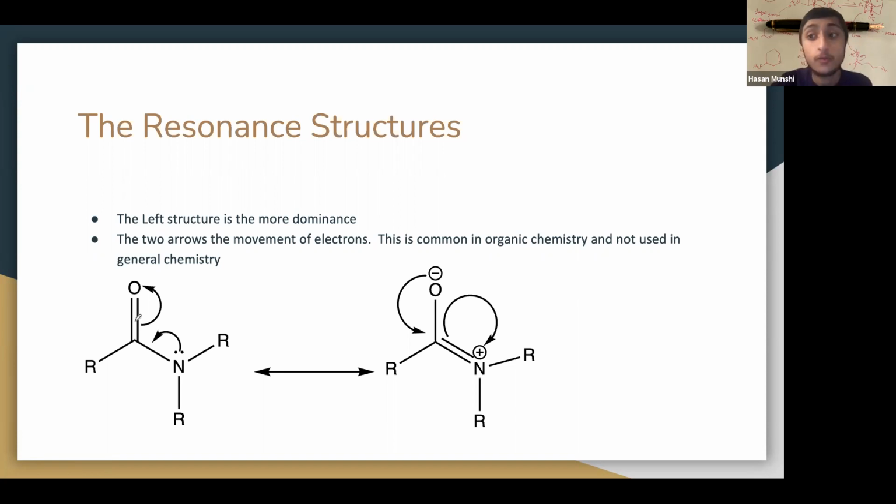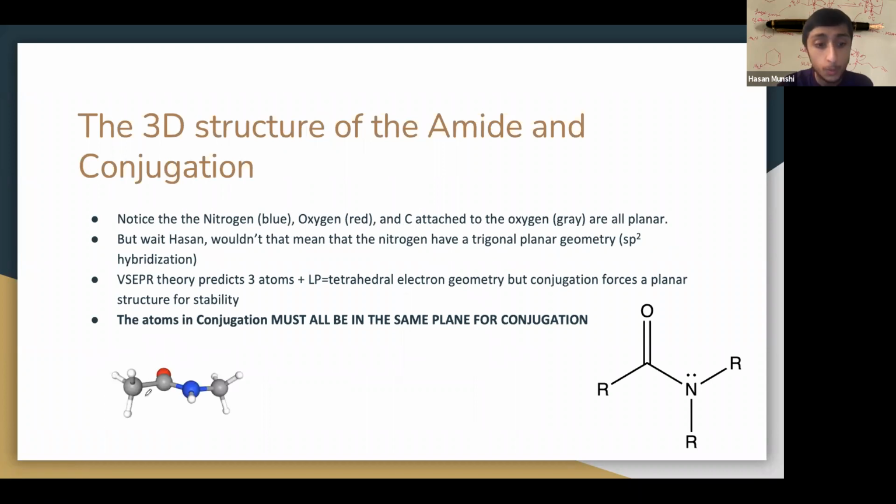And it's not necessarily halfway in between because oxygen and nitrogen aren't the same atom. It's more than 1.5 between carbon and oxygen because oxygen is more electronegative. It's going to pull electron density more there. Nitrogen is going to have less, but the idea is it's not a purely double bond or a purely single bond. Okay.